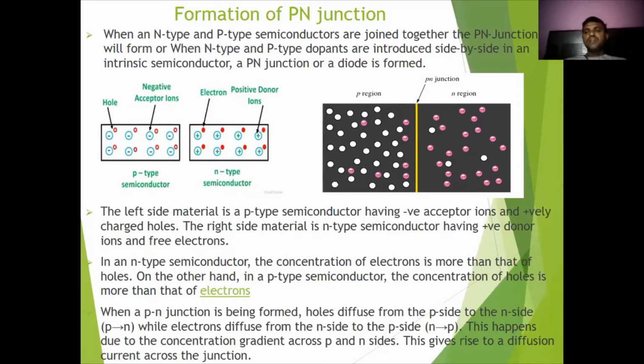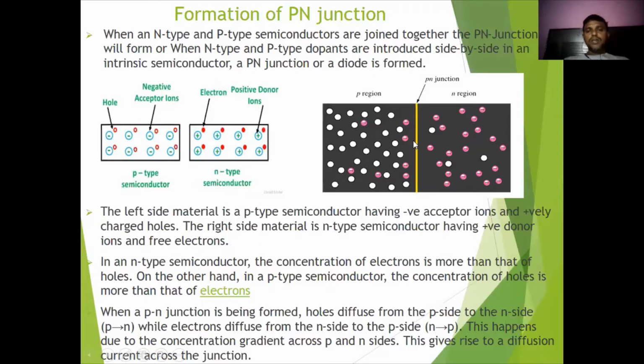Including these majority and minority carriers, we have other charges, that is, immobile ions. I have not included them here; I have just shown the electron and hole concentrations in the p region and n region respectively.